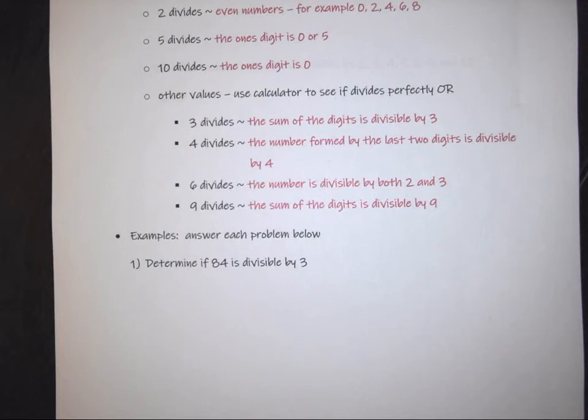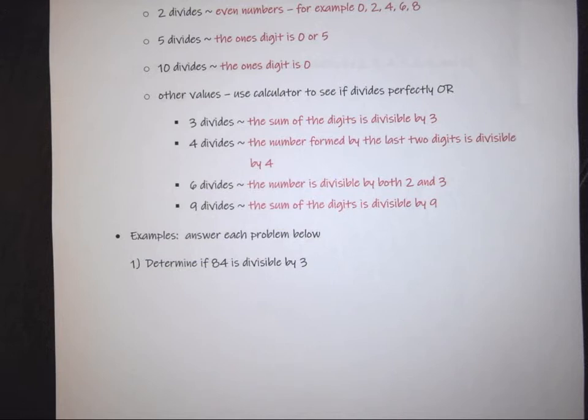So as long as those 2 rules qualify or pass, then whatever number you had is divisible by 6. If either one of those 2 or 3 fail, then your number is not divisible by 6.